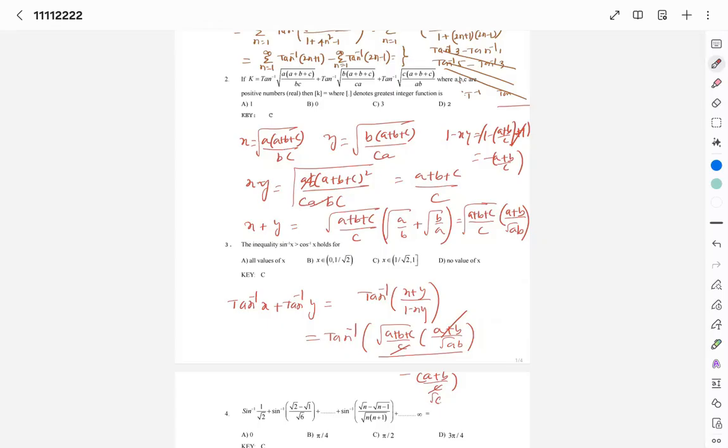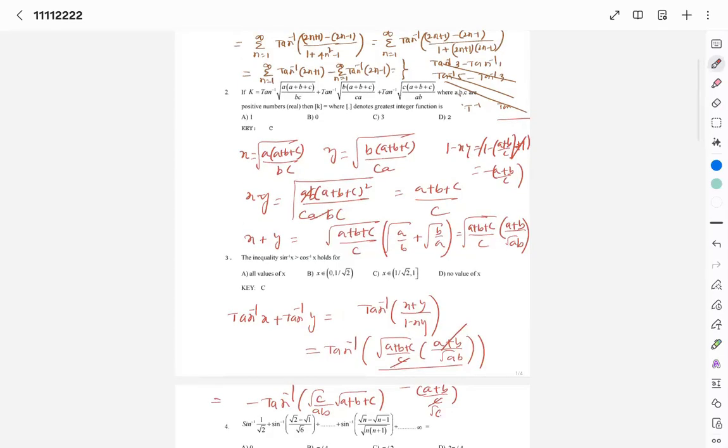So what remains is minus tan inverse root c by ab of root of a plus b plus c. That means tan inverse minus tan inverse, you should get 0. But the answer is different.